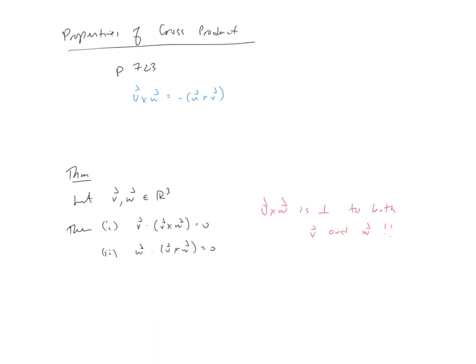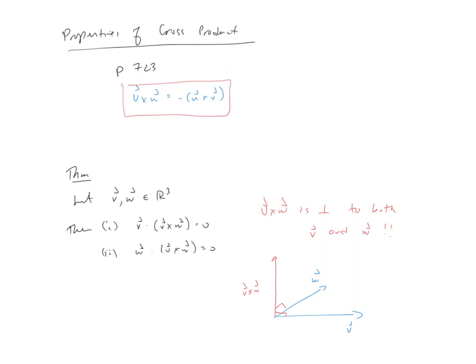And so let me draw you a little picture here. So if we have, let's say, vector V right here, and we have vector W right here, then when we cross these two vectors, what we're getting is a vector, V cross W, that's perpendicular to both V and W. Now, circling back to up here, remember, it's not commutative, means you don't get the exact same thing, but you get the opposite of it.